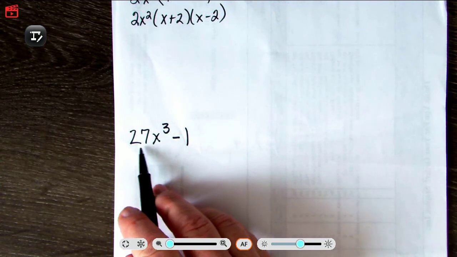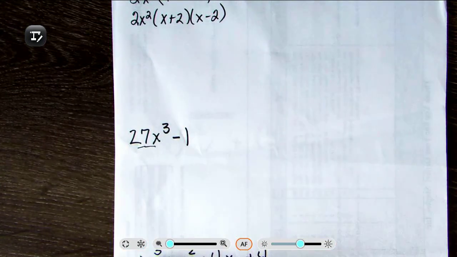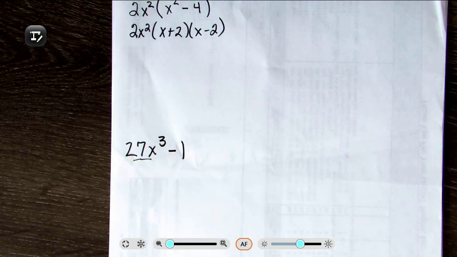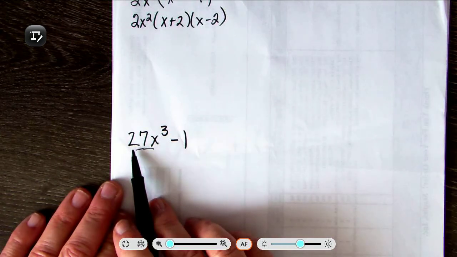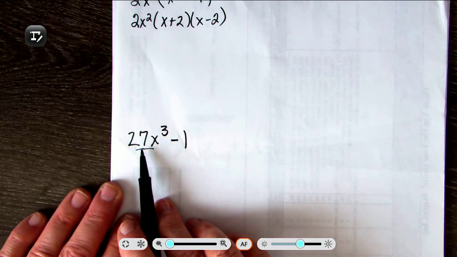Here we have 27x cubed minus 1. This one we're going to see, again, two terms. So we should be thinking difference of squares, difference of cubes, sum of cubes. This one happens to be the difference of cubes because 27 is 3 cubed.